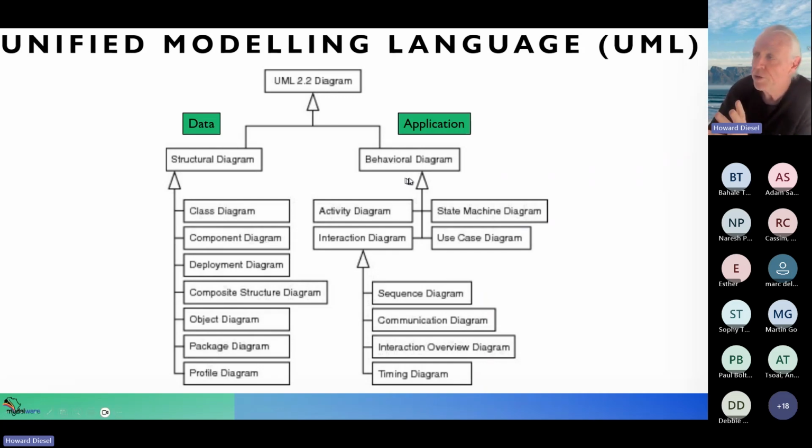Now, UML introduced a behavioral diagram. And that's where the application comes in. This is where we need to be clear with the application developers how we're using this data. The nice thing about UML is that if you have extensive object-oriented developers or coders writing code against the data, you want to make sure these can be used together.